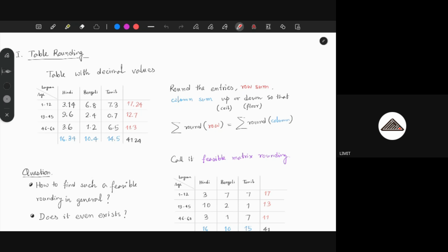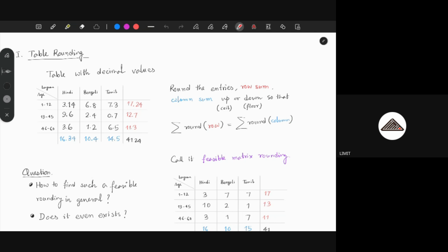Now, this is okay when you collect census data, you need accurate things. But when you try to publish reports, maybe you are a reporter, maybe you want to publish a report from this data, people usually don't put these decimal values.